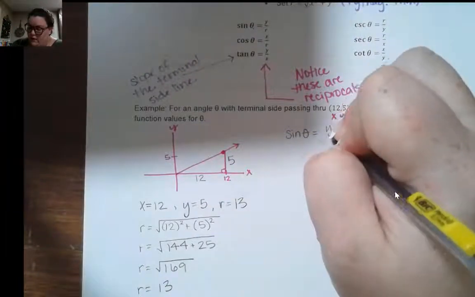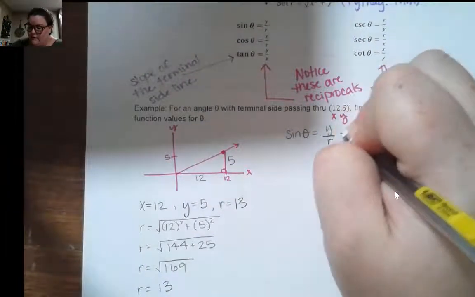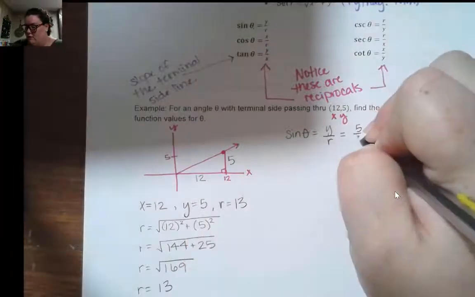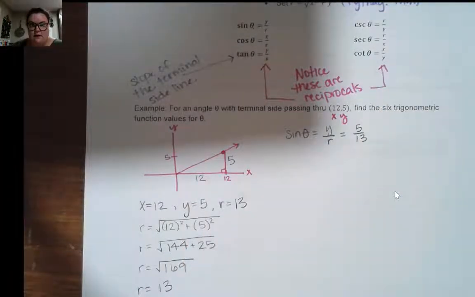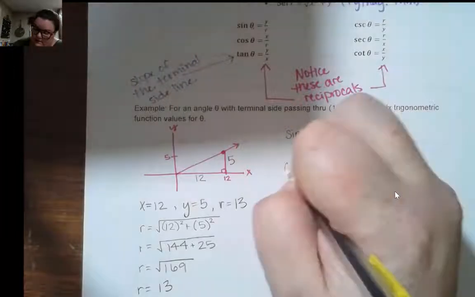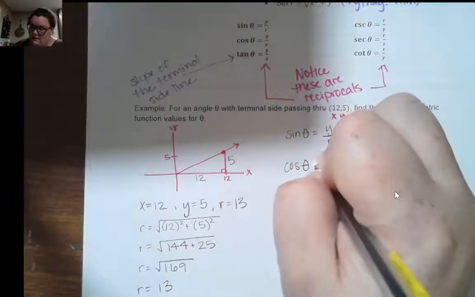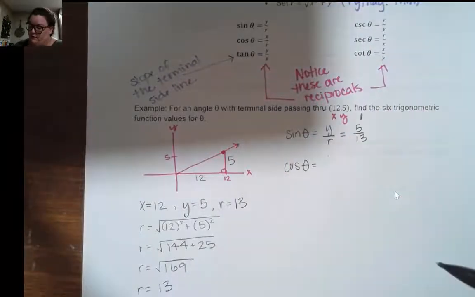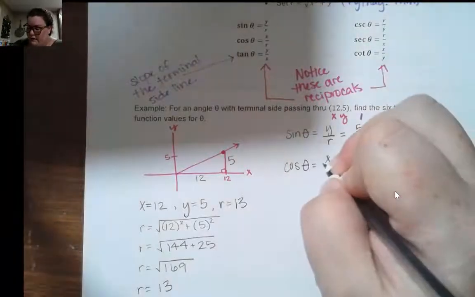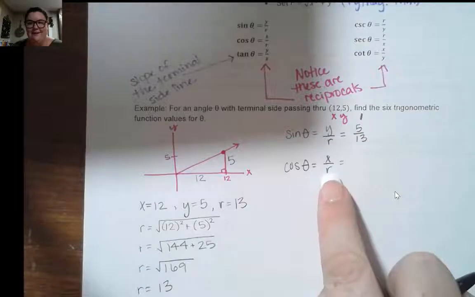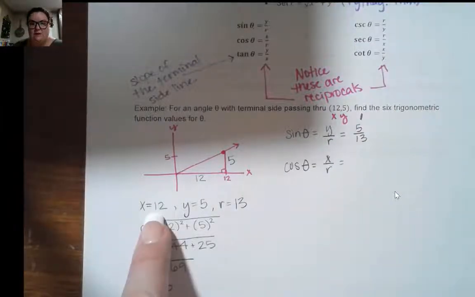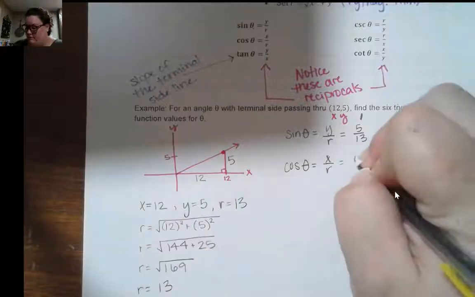Sine is y over r, and in this case, y over r would be 5 over 13. Cosine theta is equal to x over r, and x over r for this angle is going to be 12 over 13.